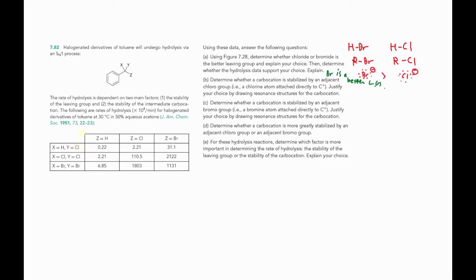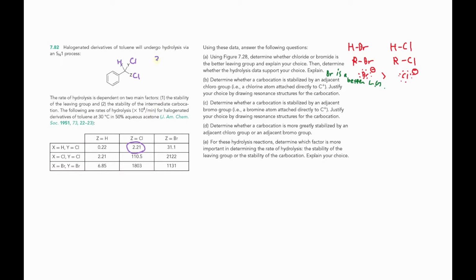Okay, for example, I can put the H as our X, Cl as our Y, and then Z is Cl, which corresponds with our 2.21, times 10 to the 4th. Everything is 10 to the 4th, so let's just focus on the number itself.